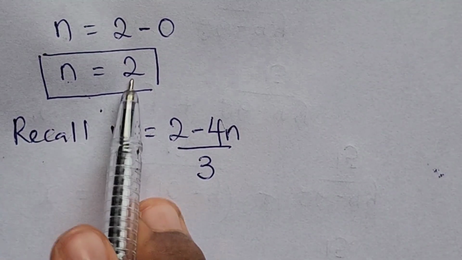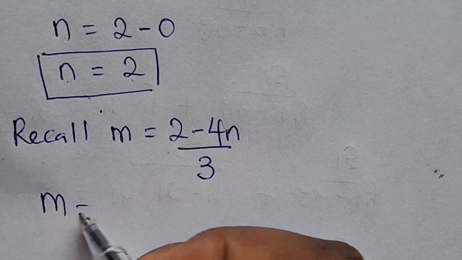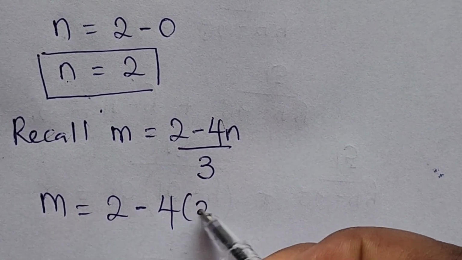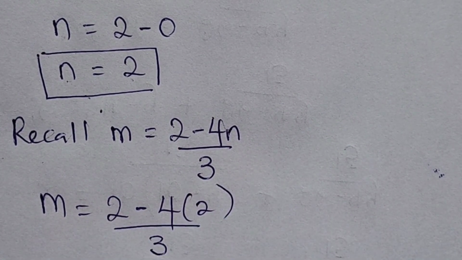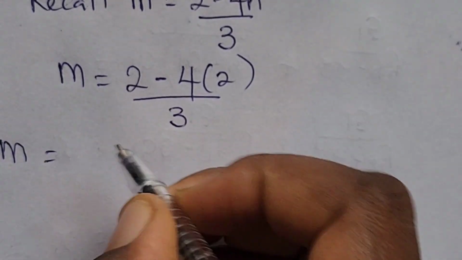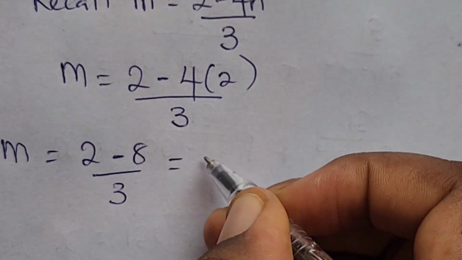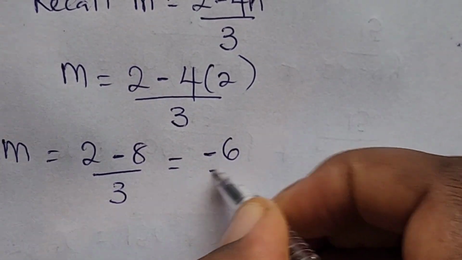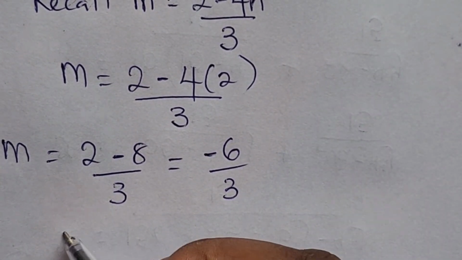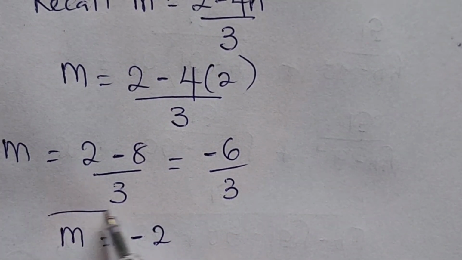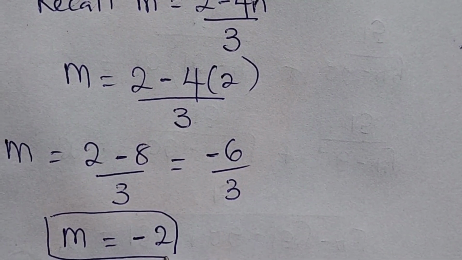So when n is equal to 2, we have that m is equal to 2 minus 4 times 2 all over 3. So m is equal to 2 minus 8 over 3, and this is equal to minus 6 over 3. So our m is equal to minus 2.